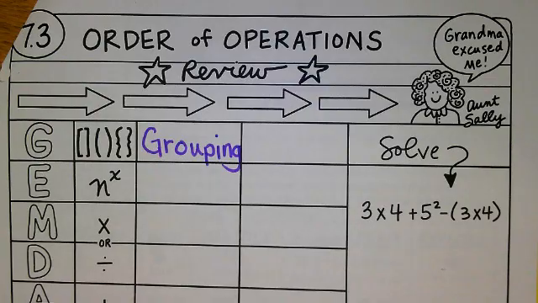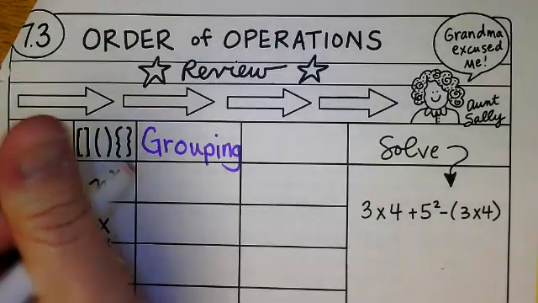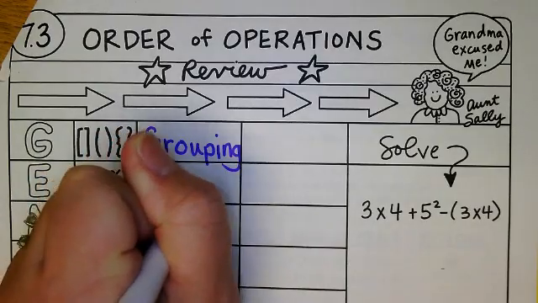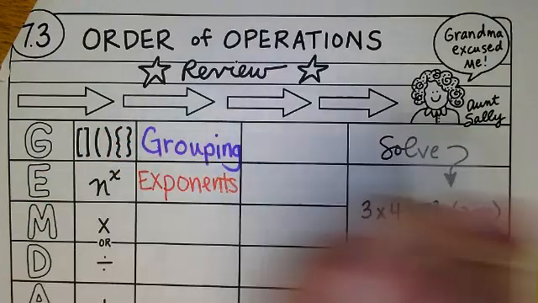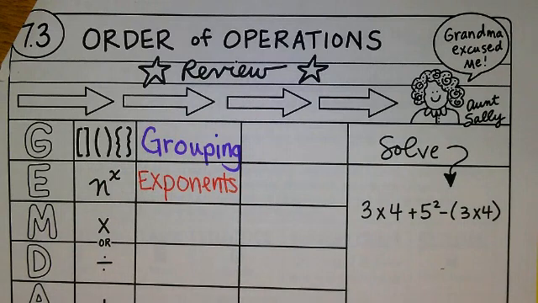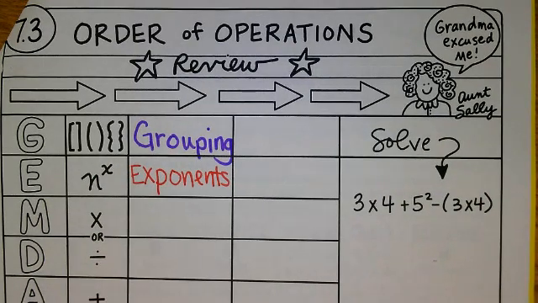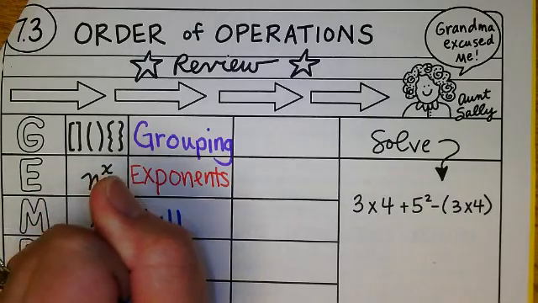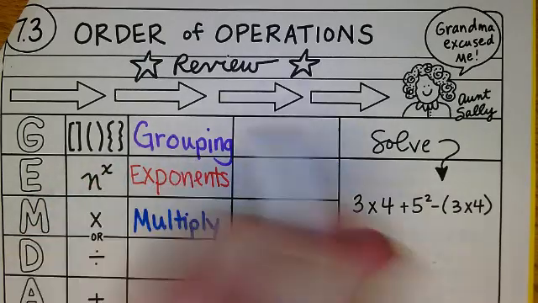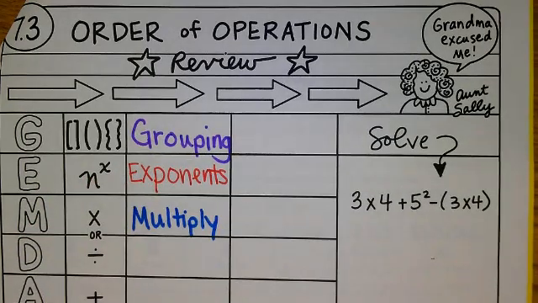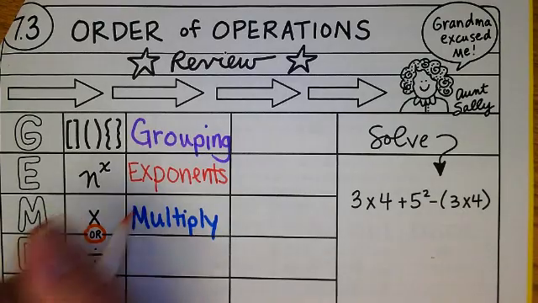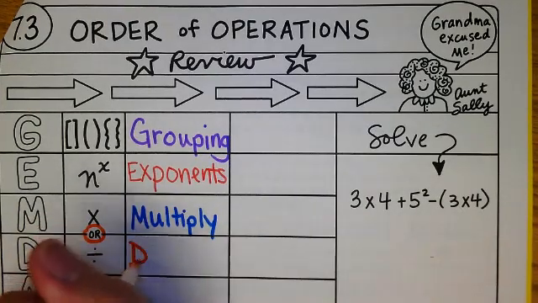And then we have our exponents. We've dealt with exponents since Unit 1 when we dealt with powers of 10 and scientific notation. So we have grouping, exponents, and multiplication, and you are going to start understanding that multiplying can be given in different formats. And notice how it says or: multiply or divide.